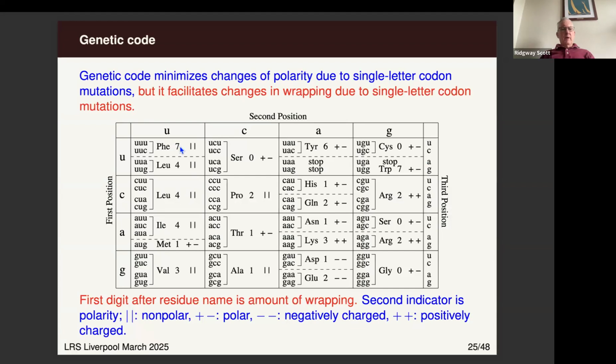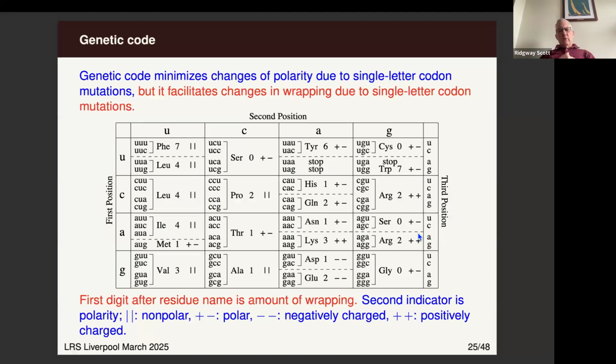First of all, I've added the number of hydrophobic groups in that side chain. Phenylalanine is the one with the most, and cysteine has none. And notice when you do it this way that the ones in this column and over here tend to be hydrophobic, and the ones over here tend to be hydrophilic.